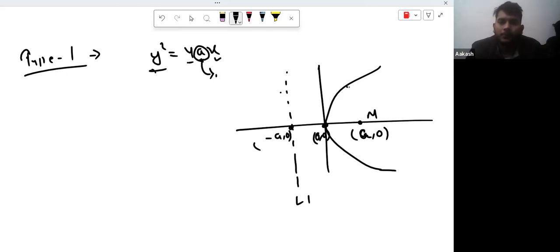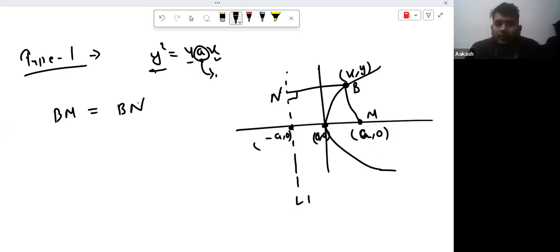So suppose I take a point x comma y here. And I draw a perpendicular to this line. The point here is B and this point is N. So can I say, by the definition, that BM equals BN? Yes or no? Yes, sir.